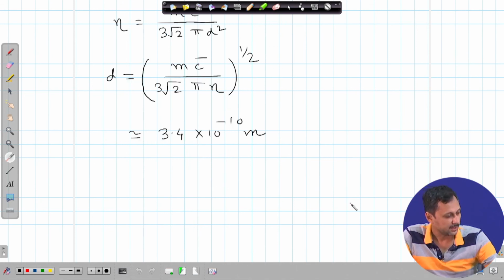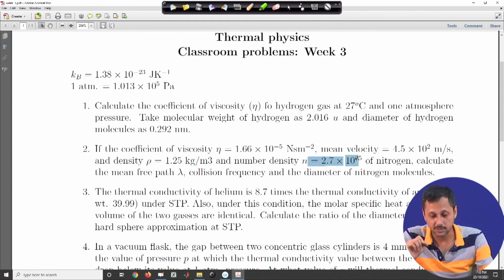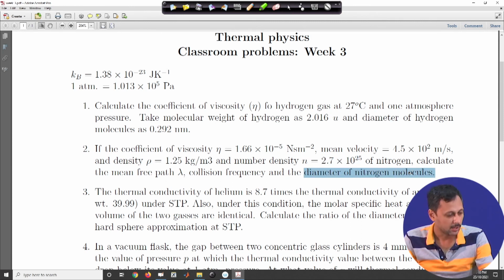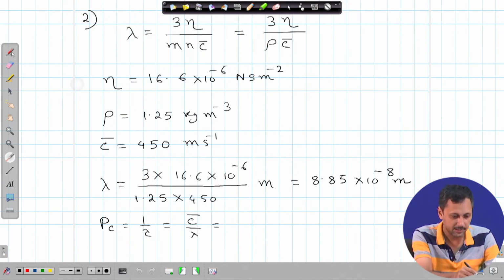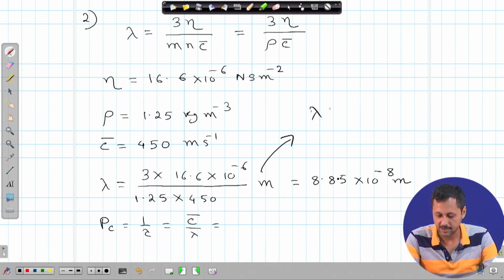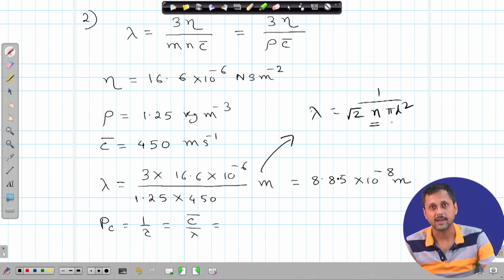And for the second part, the number density n is given, but I can show you that without n also we can compute this number. We have to calculate the diameter of the nitrogen molecule. One way of doing it is, once we have lambda, we can write lambda is equal to 1 by root 2 n pi d square, use the value of n and compute d.